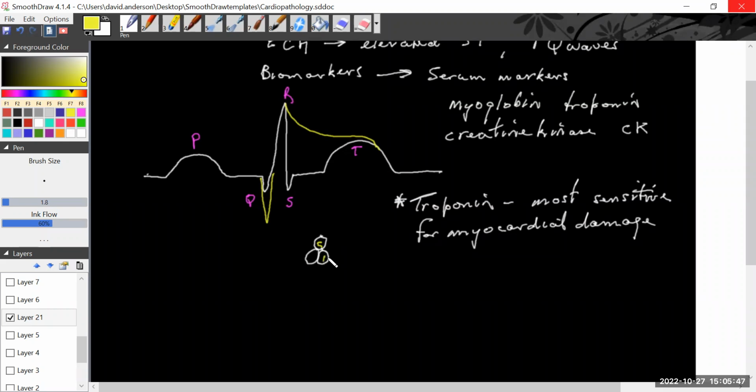So there's an I. And then we have our troponin T. That's the part that actually binds to tropomyosin, I should say, to block the binding sites for myosin and actin so that we get resting in the absence of calcium.